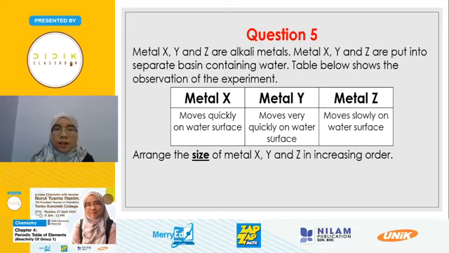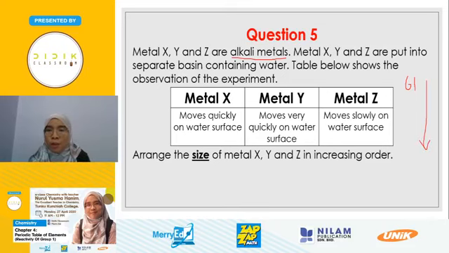Okay. And then look at the observation. We know that X, Y, and Z are in group 1, because it says alkali metals, of course, hence they are in group 1. And we know that going down the group, reactivity increases.